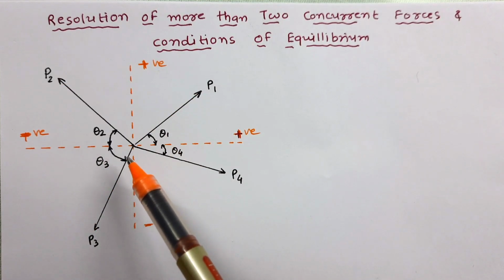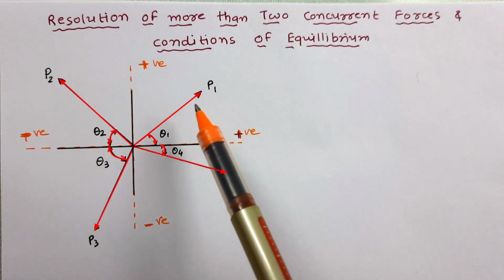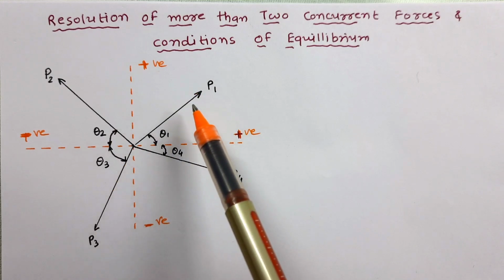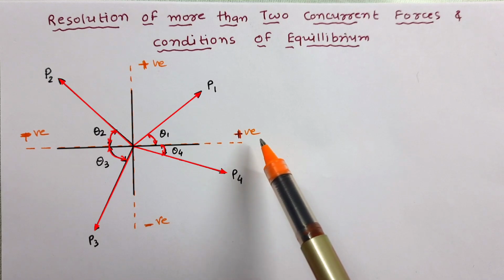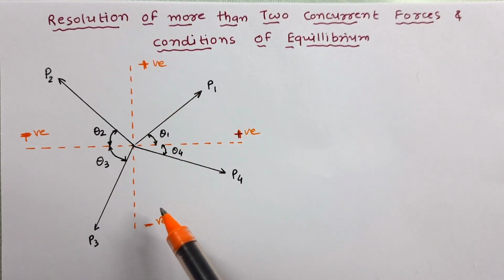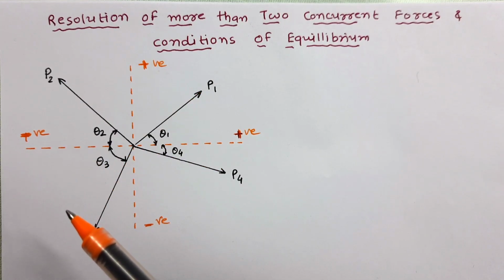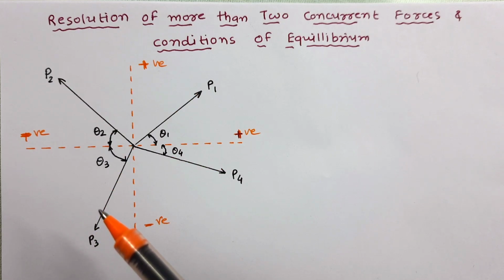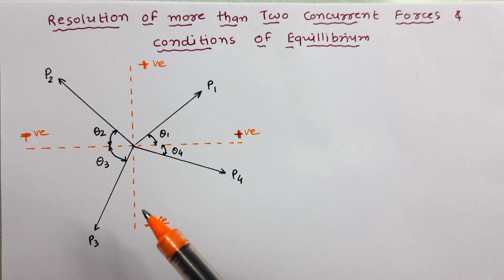For resolution of this system of force, first we need to resolve each and every individual force and we have to work out component of all forces along x and y direction, and this component we need to use to work out algebraic summation of horizontal forces and algebraic summation of vertical forces, from which we can work out resultant of all force. So let us see how it can be done.